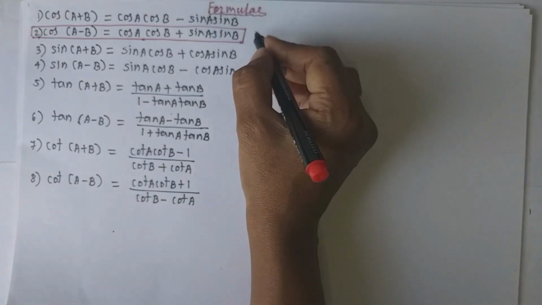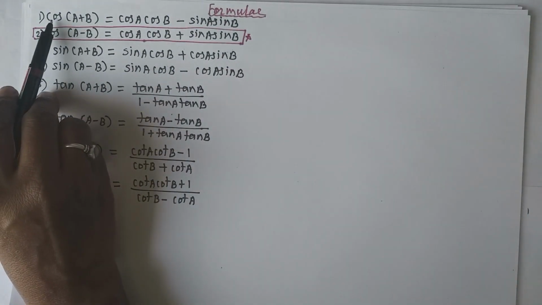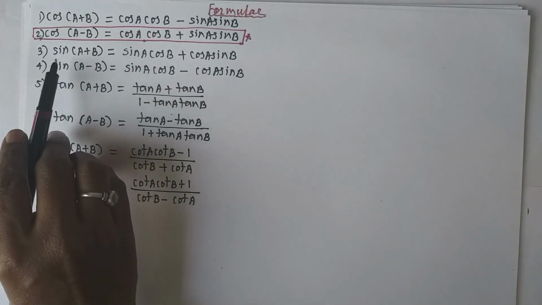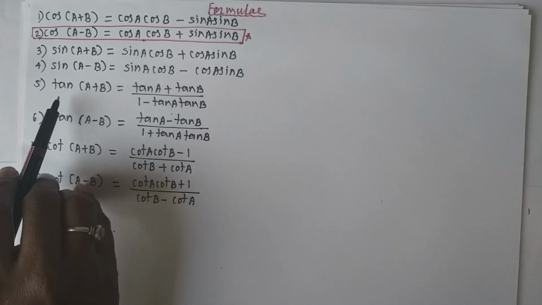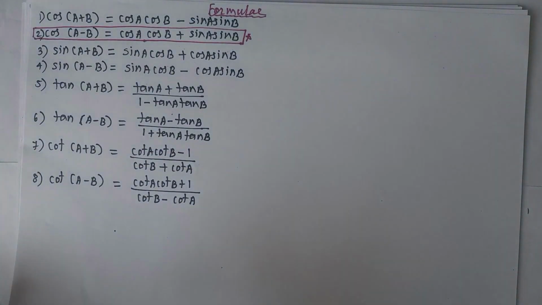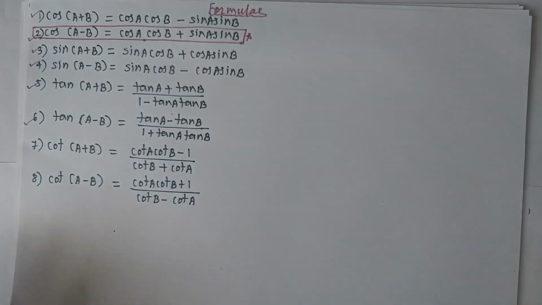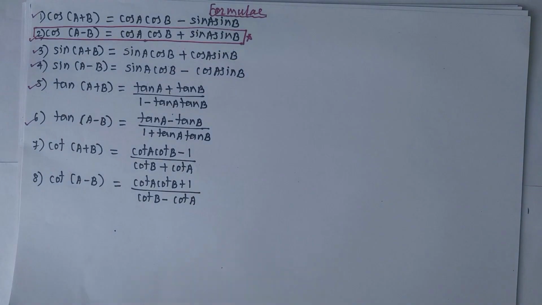If you remember this basic formula, then from it we have derived the formulas for cos(A + B), sin(A + B) and sin(A − B), tan(A + B) and tan(A − B). Okay, these 1, 2, 3, 4, 5 and 6 formulas, you remember only these 6 formulae.